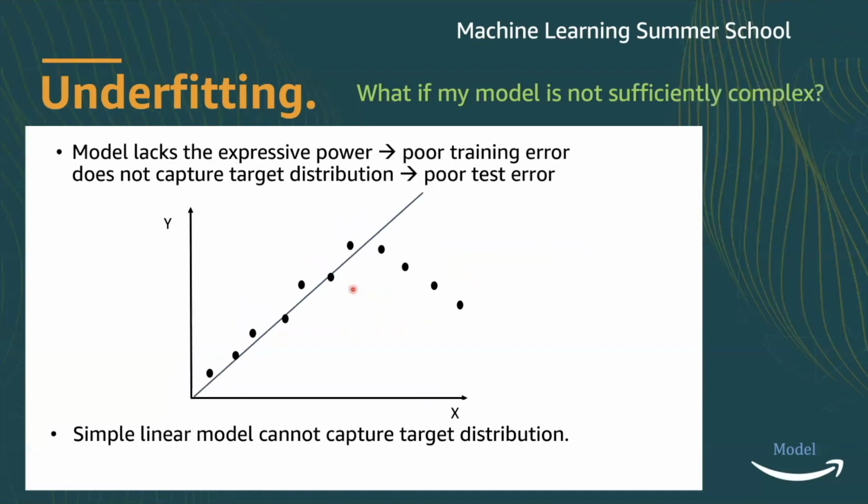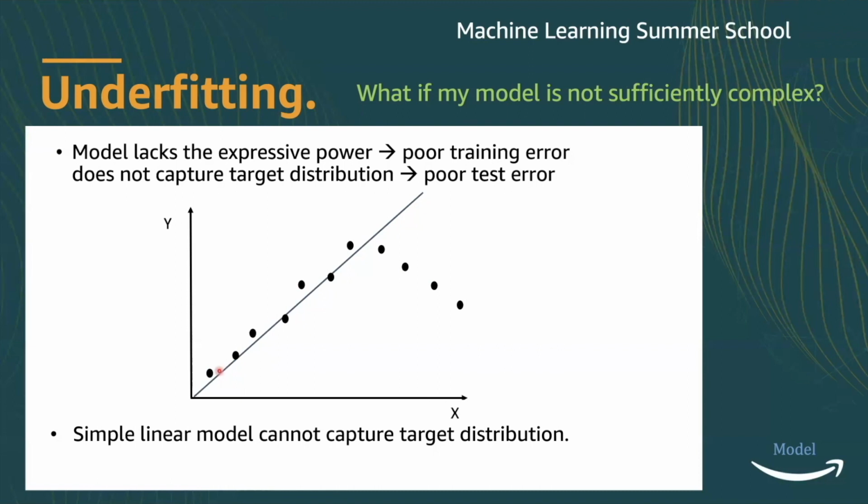Now, what happens if you have the opposite case where your data is high dimensional, in this case, something coming out of an order 2 curve, but the model that you're fitting is not sufficiently complex. Now the opposite happens.